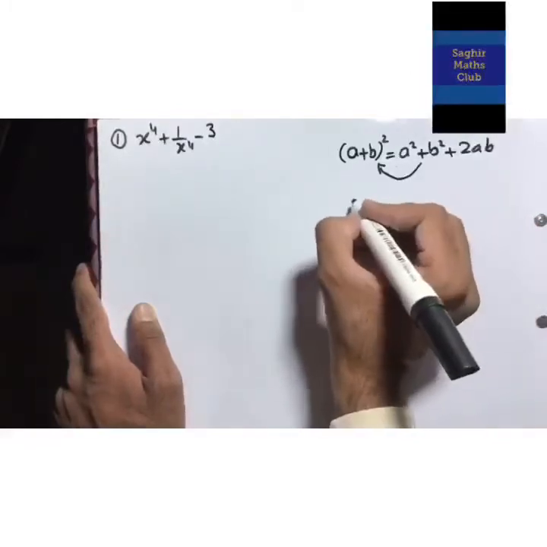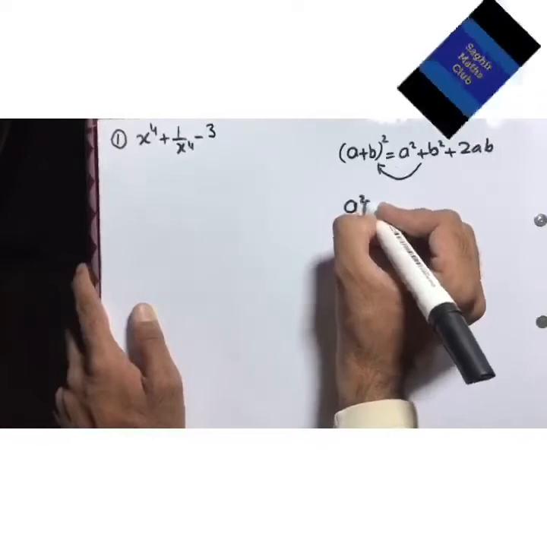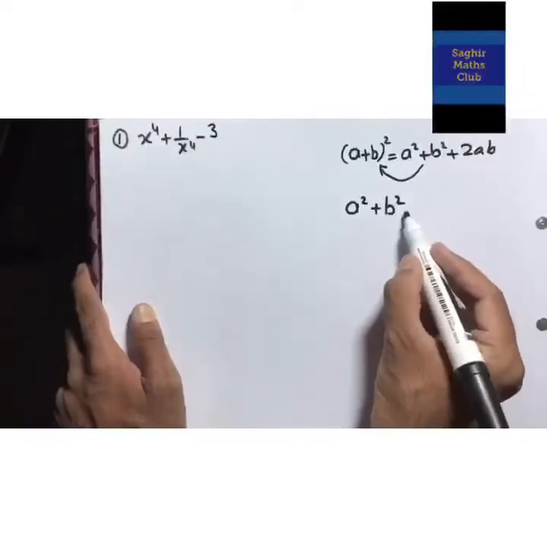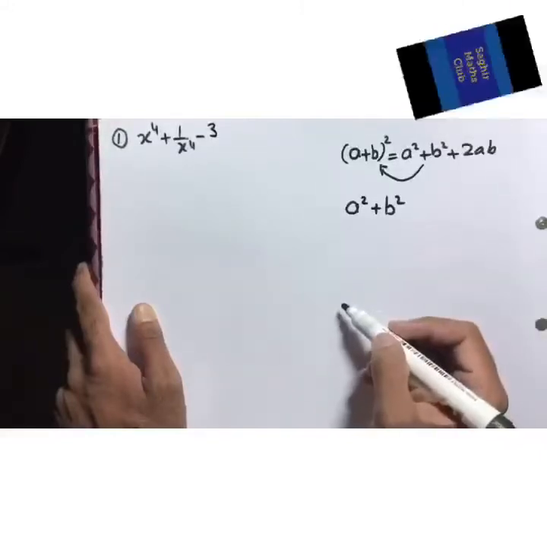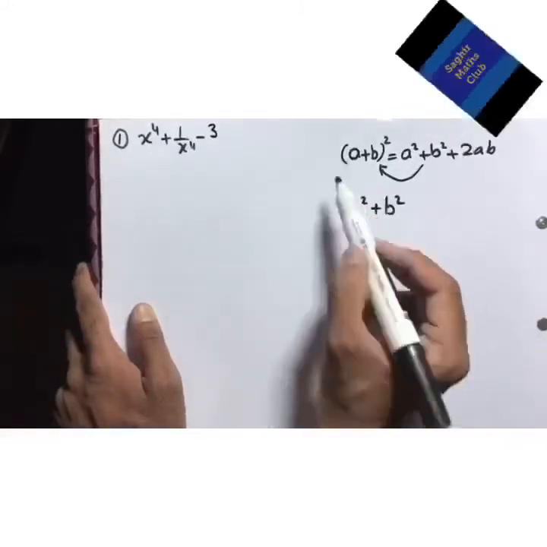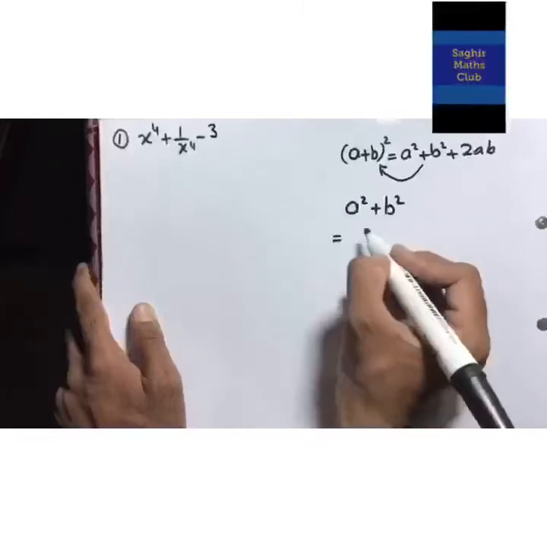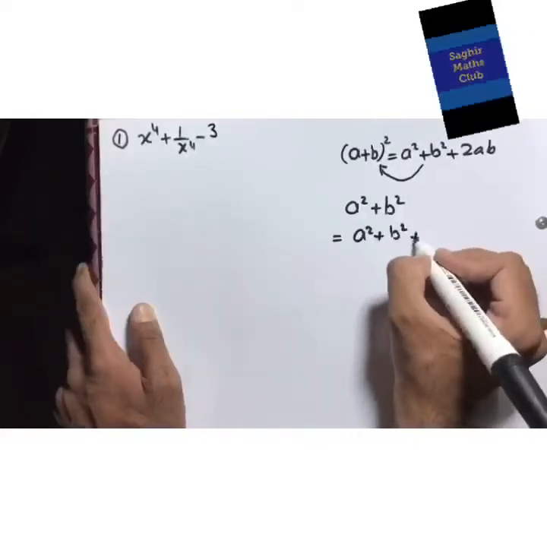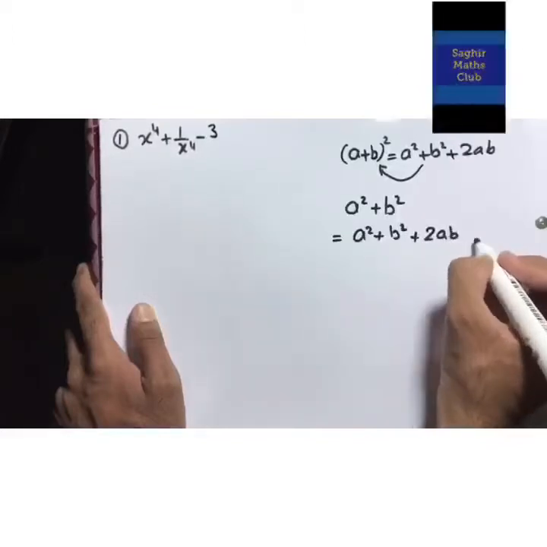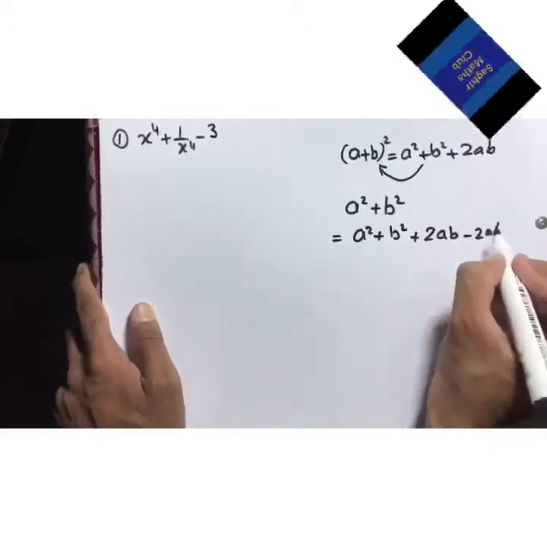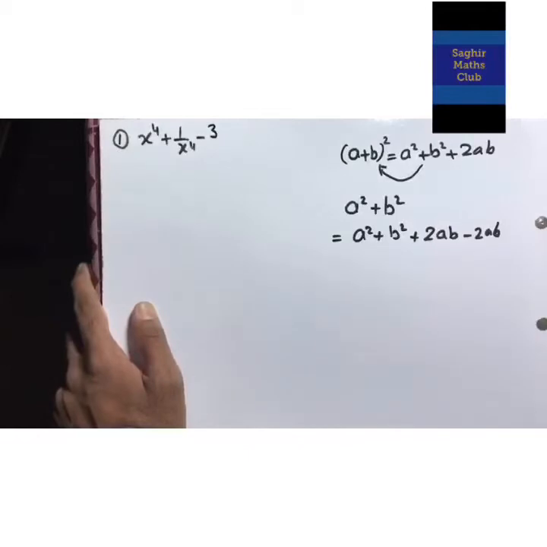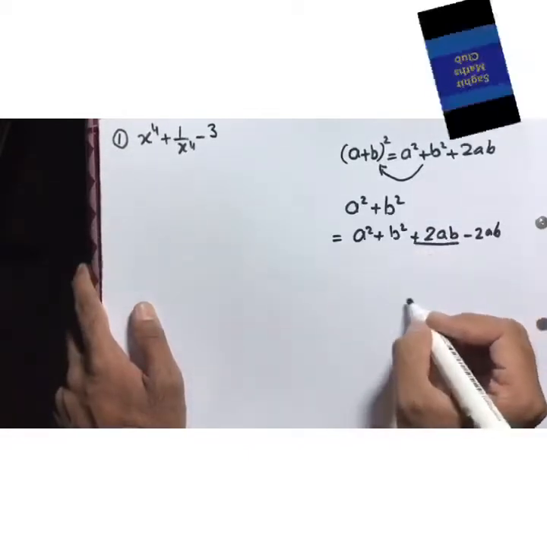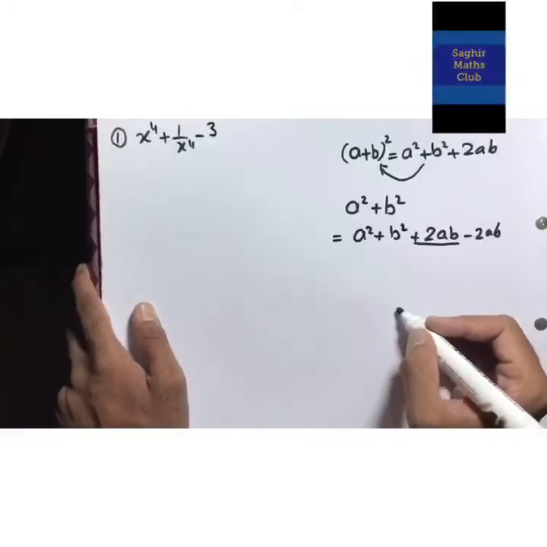If we are given just a square plus b square, here you can see 2ab is not given, then how do we complete this square? A square plus b square is given, then we add 2ab and subtract 2ab as well. You cannot add just 2ab, it is against the rules of mathematics.